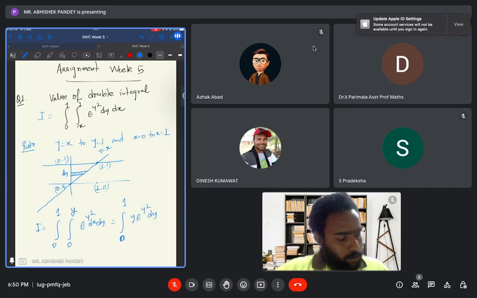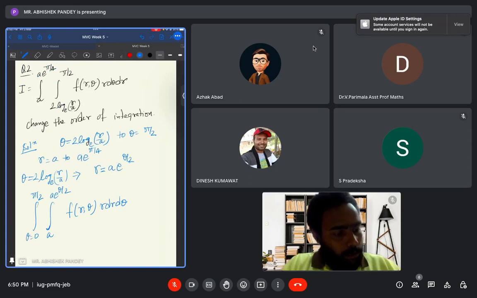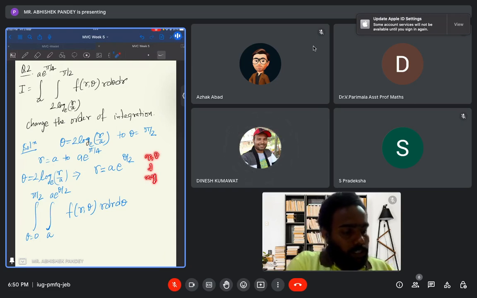Okay, so what I'm saying is, geometrically what we have to do, this r comma theta you need to change into x comma y. Again you have to go to the Cartesian coordinate. Otherwise you need to draw this picture in polar coordinates. Drawing pictures in polar coordinates is not so easy. Like you have to run this r, a e to the power theta by 2, then against this theta.